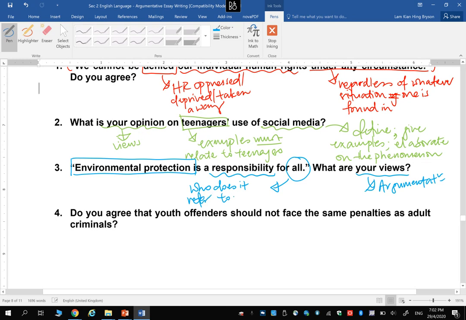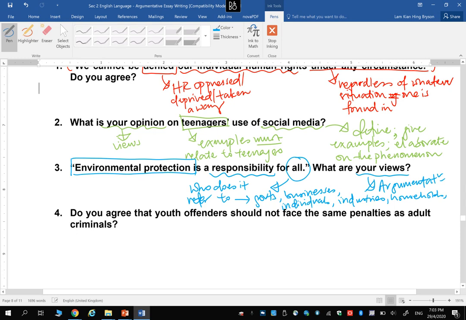Does it refer to governments? Does it refer to businesses? Does it refer to individuals? Does it refer to industries? Certain industries are known to have a lot of environmental impact. Does it relate to certain households?